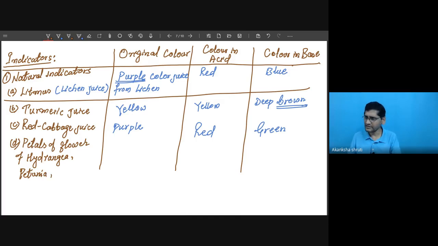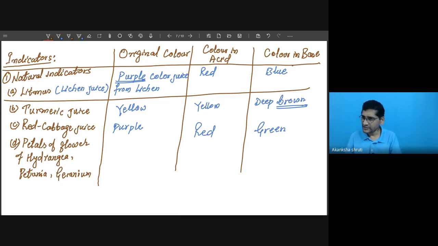And another one is German, no German, but related to that. It is your geranium. These things you have to keep in mind.